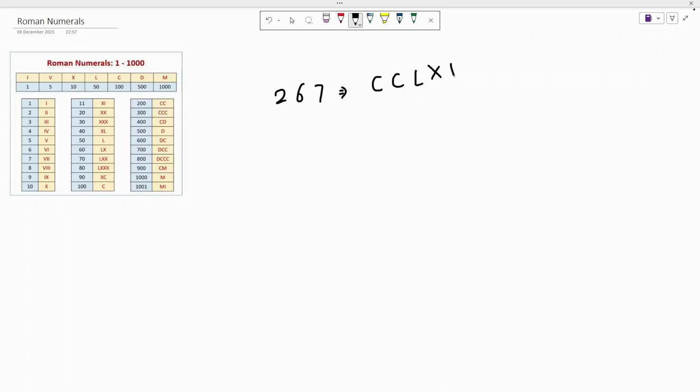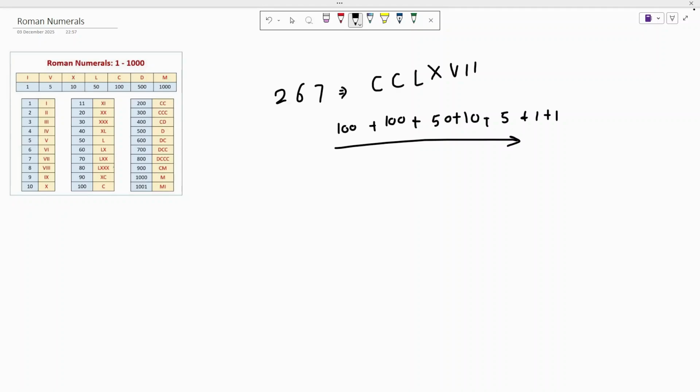Then 7 is VII. So it is 100 plus 100 plus 50 plus 10 plus 5 plus 1 plus 1. So we are always writing in descending order.